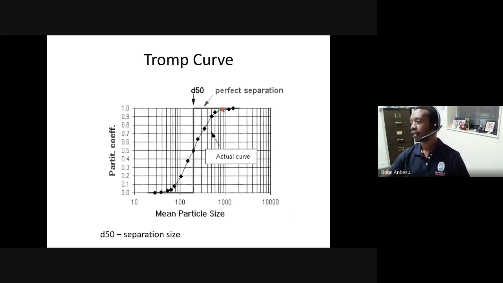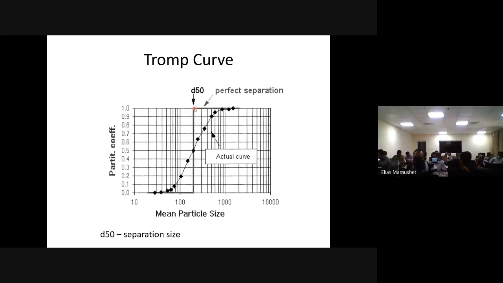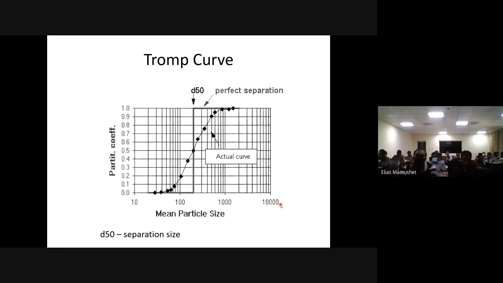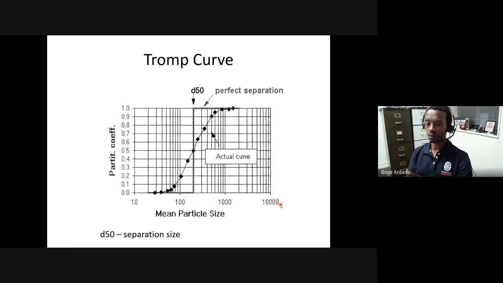But in reality, this curve here is what we get. Instead of getting a perfect Z or a perfect S-looking curve, we get this curve because we know screening performance is not 100%. Some particles which should have gone to the coarse fraction will go to the fine, and some which should have gone to the fine will go to the coarse.